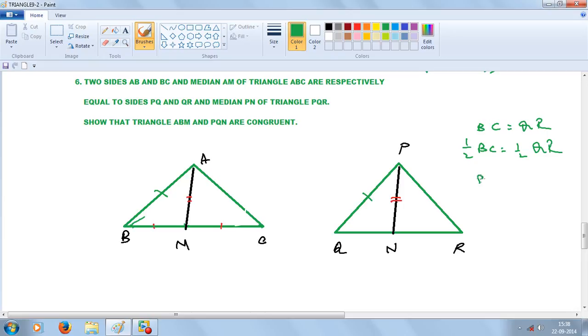Half of BC is BM. Therefore, BM is equal to QN. So this BM is equal to QN. So triangle ABM and PQN are congruent, which is what we are asked to prove.